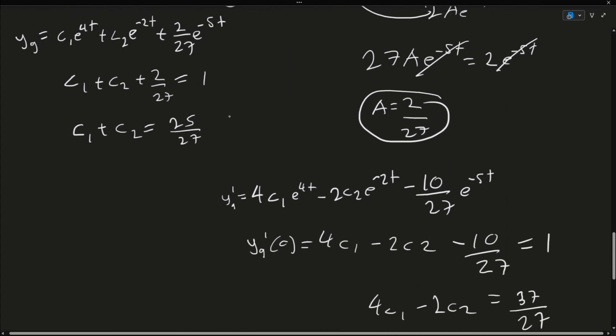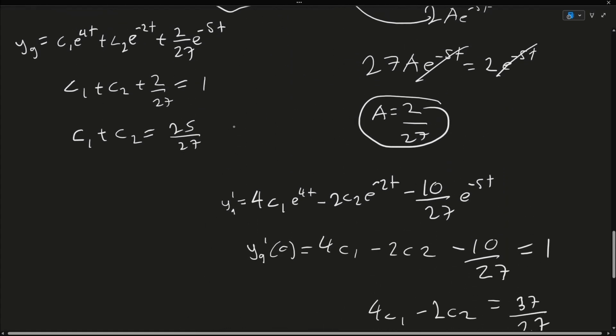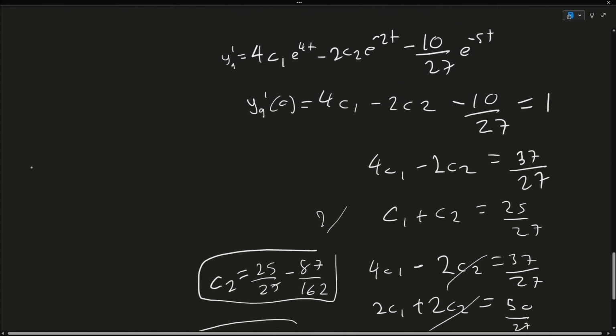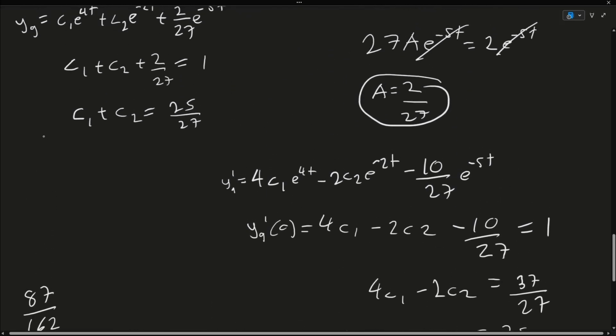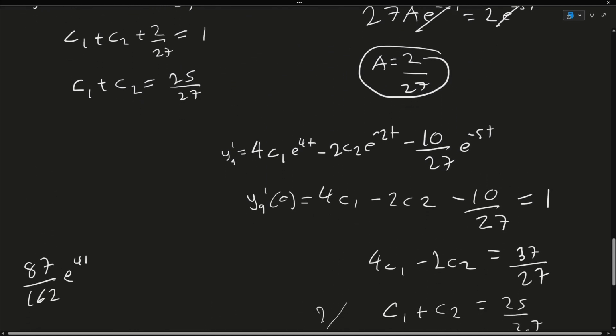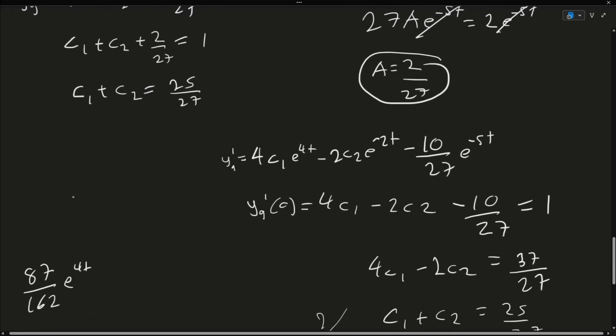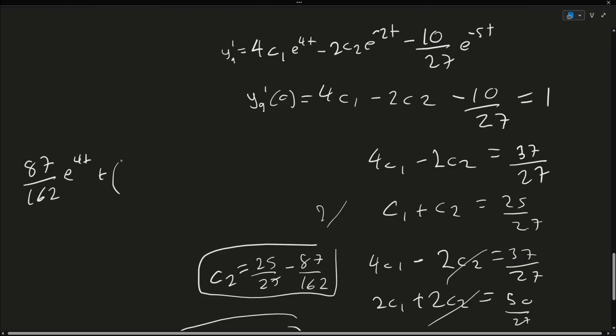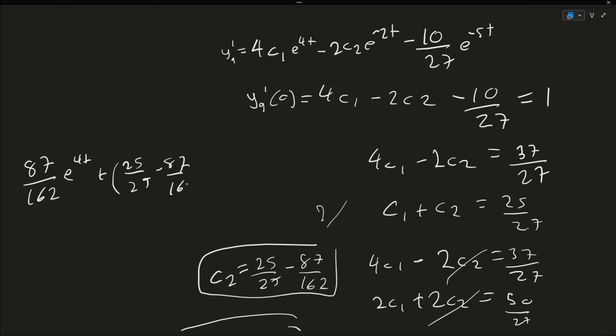Now if we go ahead and plug that into our solution, c1 was 87 over 162, so 87 over 162 e to the 4t plus c2, which is 25 over 27 minus 87 over 162, e to the minus 2t.